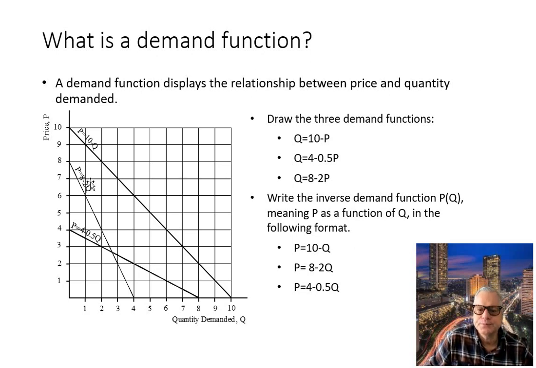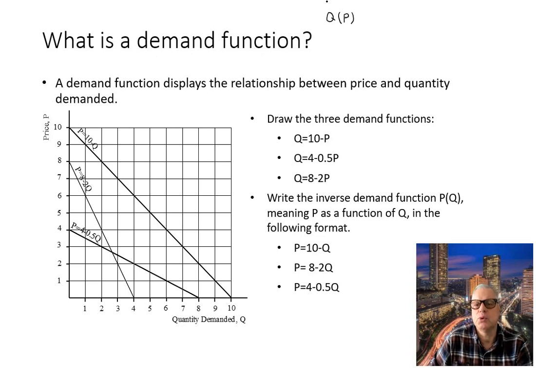Here you can see 3 demand functions. And now I also want to quickly address a certain idiosyncrasy in economics, which is we normally state that the quantity demanded, let's call that Q, is a function of the price.